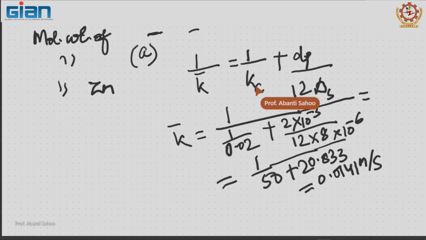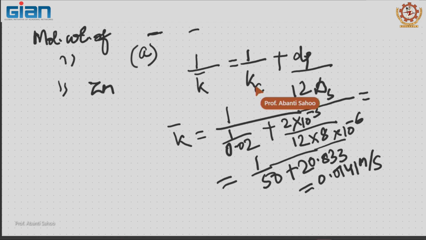And now, as asked in the question, we have to calculate the time needed for complete conversion of the solids. So, for complete conversion of the solids we can find the time now. Let me erase this part.